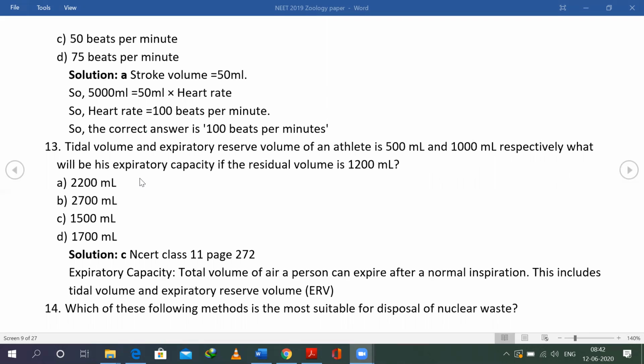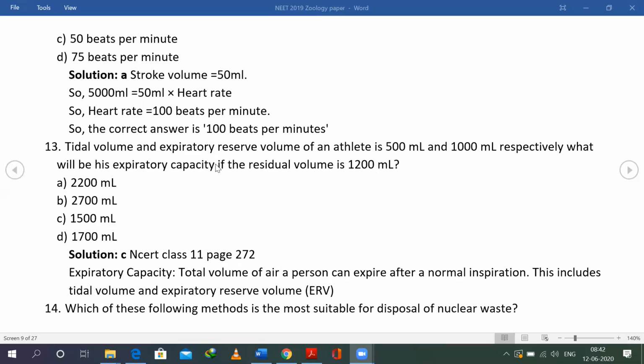What will be his expiratory capacity if the residual volume is 1200 ml? Yes, the residual volume is 1200 ml. The residual volume is the volume of air that is always there in the lungs, so that the lungs will not collapse. Yes, that is the volume.